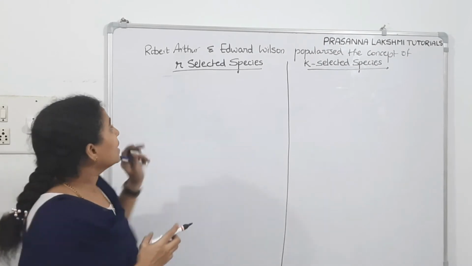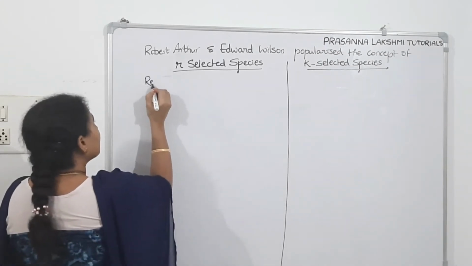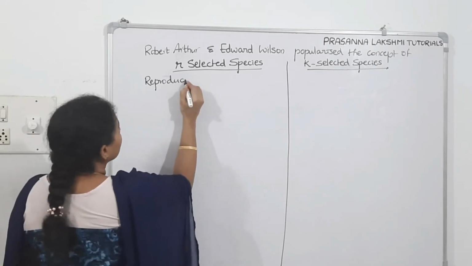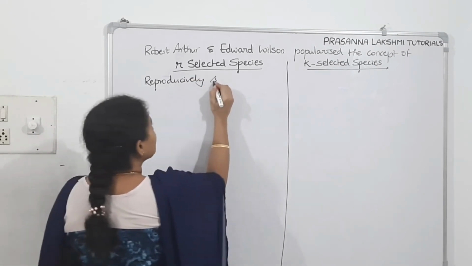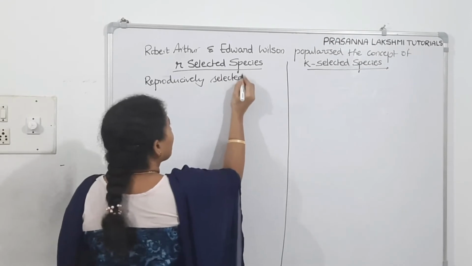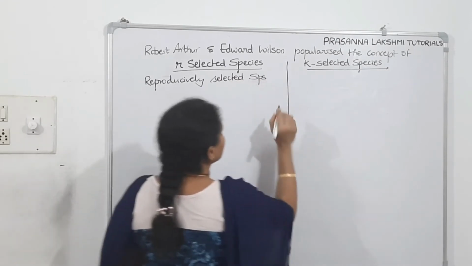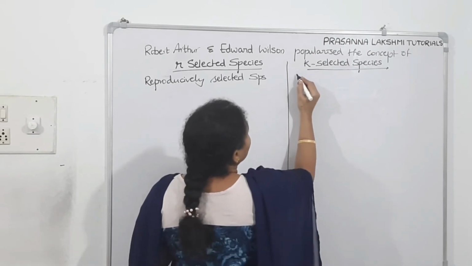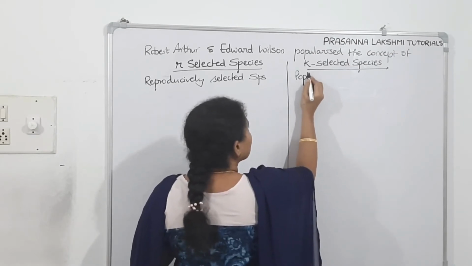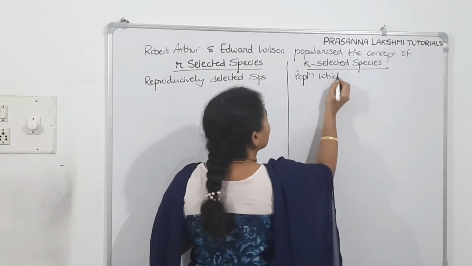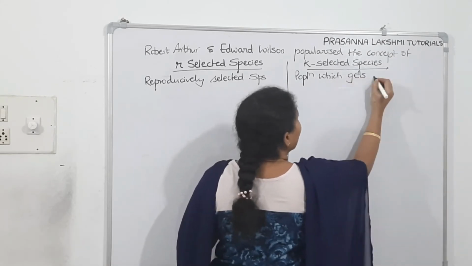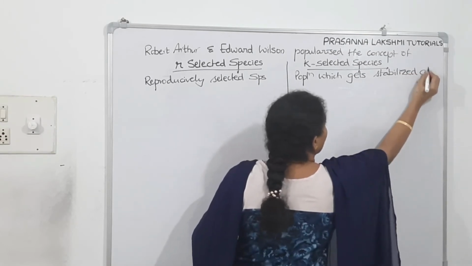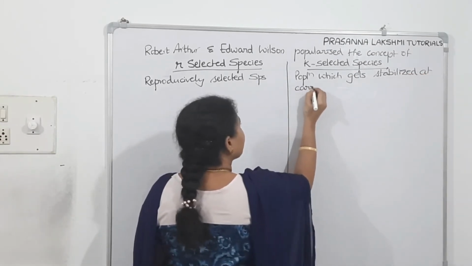So R selected species means they are reproductively selected species, whereas K selected species means a population which gets stabilized at carrying capacity.